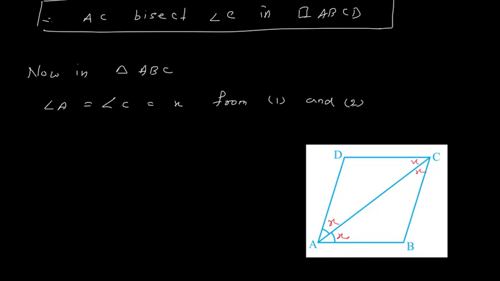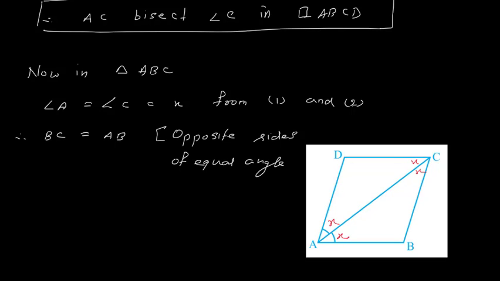So therefore their opposite sides, that is for angle A the opposite side is BC, will be equal to AB. You can say that opposite sides of equal angles, or you can also write converse of isosceles triangle theorem.